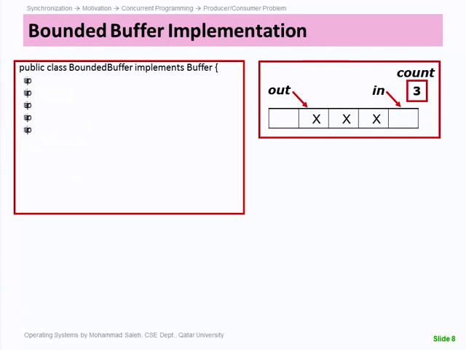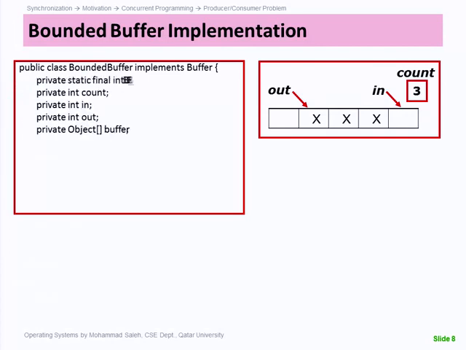So in this case, I always keep track of what? Count, which is the number of elements that I have in the buffer. Now, the rest of the implementation, the size, here I fixed it to be a constant final of 5. And the count keeps the number of elements, as well as I have in and out, okay?